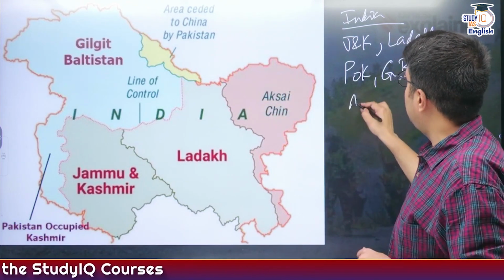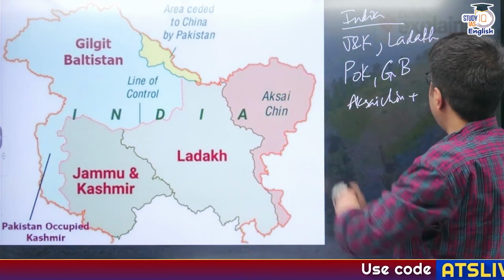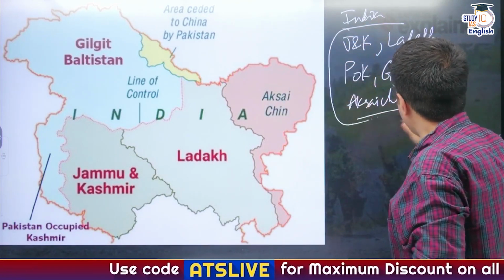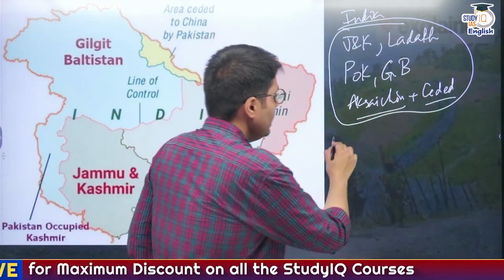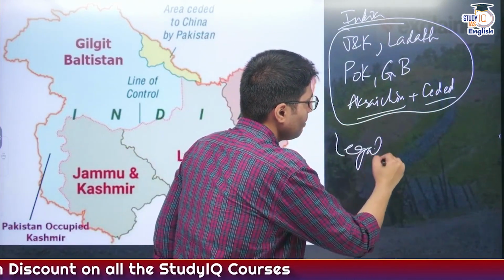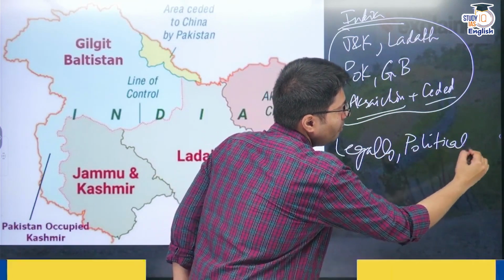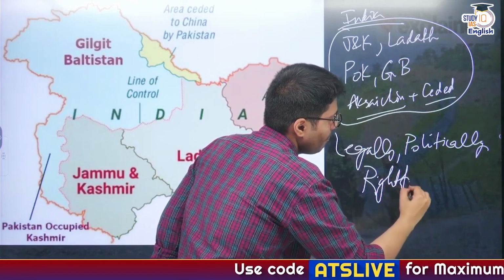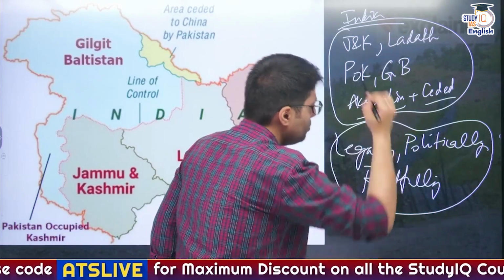Similarly, on the Chinese side, the Aksai Chin region and the territory which was ceded by Pakistan also belong to India. So this entire territory, according to the instrument of accession, legally, politically, and rightfully belongs to India.